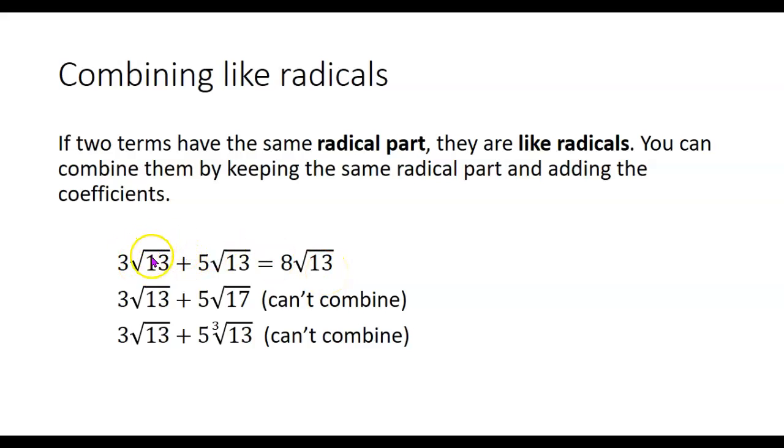The radical part, square root of 13, stays the same, and the coefficients, 3 plus 5, add up to 8. But if we had 3 times the square root of 13 plus 5 times the square root of 17, that can't be combined because the radical parts are not the same. And if we had 3 times the square root of 13 plus 5 times the cube root of 13, those can't be combined either because the square root of 13 and the cube root of 13 aren't the same. So for something like that, we have to just leave it the way it is. There's no way of simplifying that.